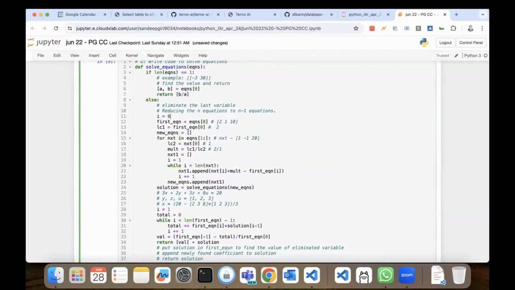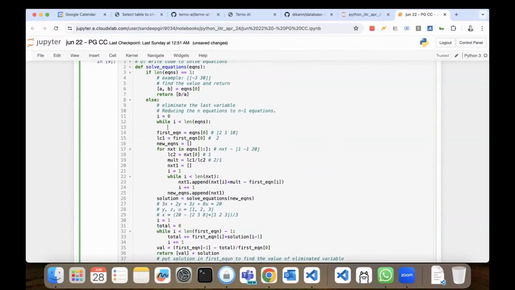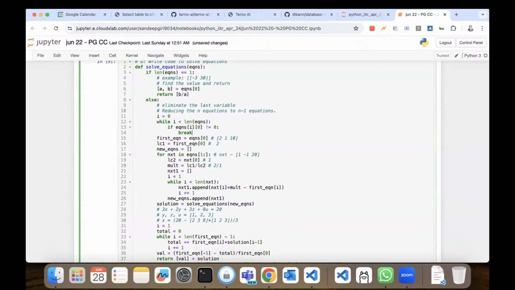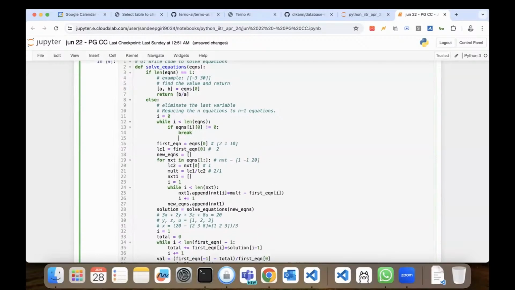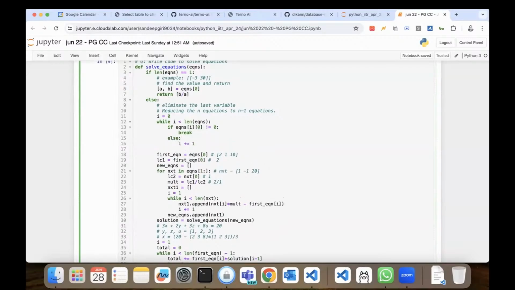While i equals 0, and we'll say while i is less than length of equations, if the ith equation's 0th place is not equal to 0, we break, and we increase. Okay, am I making sense here?